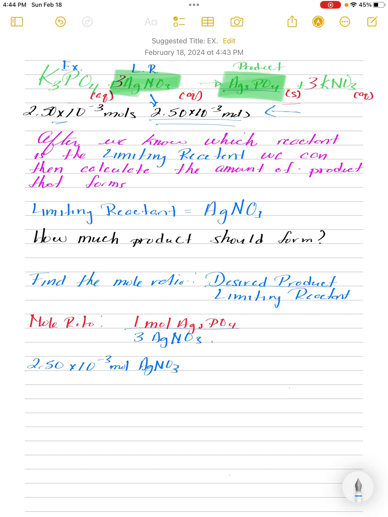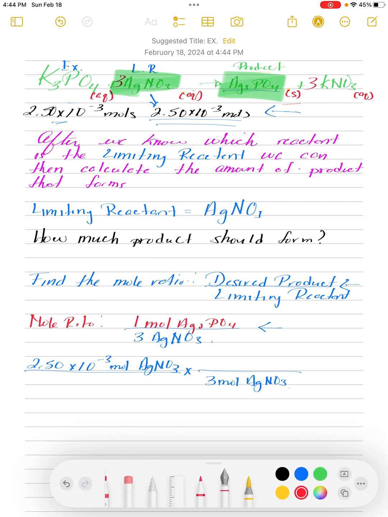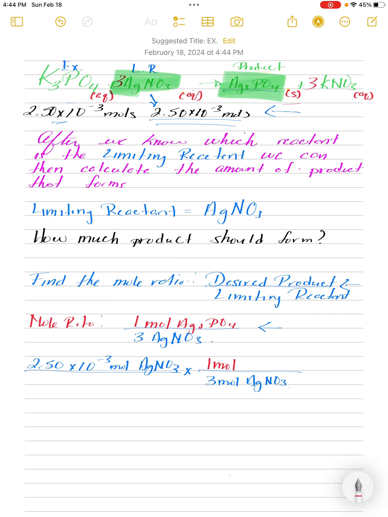Now, I'm going to multiply that by the mole ratio. If you set it up in this model, where you have desired product over limiting reactant, then you shouldn't have to worry about flipping the mole ratio because it should already be set up. So if I multiply it by the mole ratio, I'm going to have 3 moles of silver nitrate, and the desired product is going to be 1 mole of silver phosphate. So you see how we're setting this up?